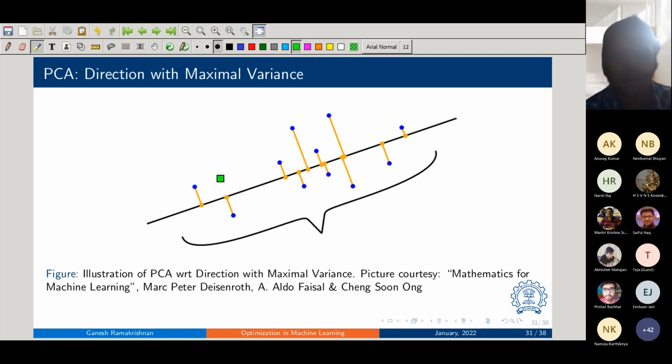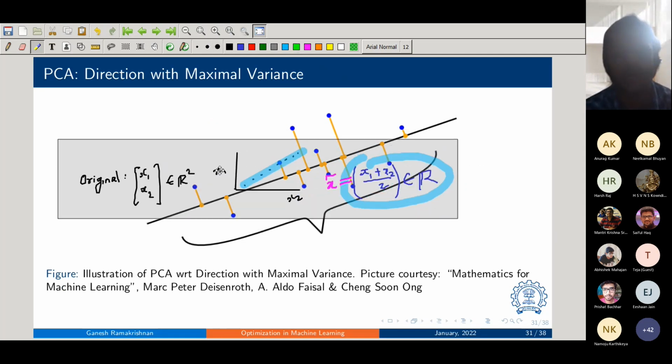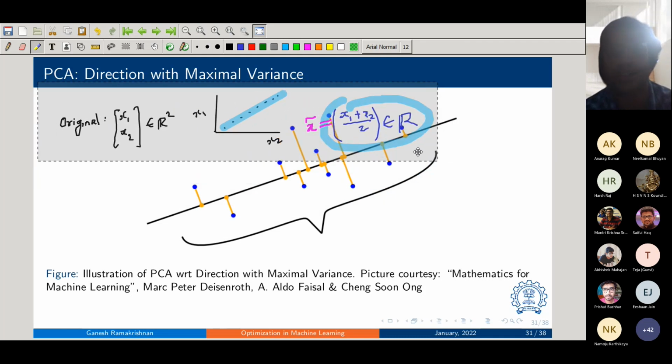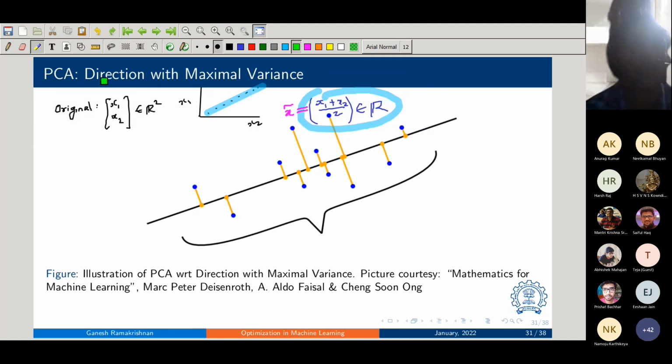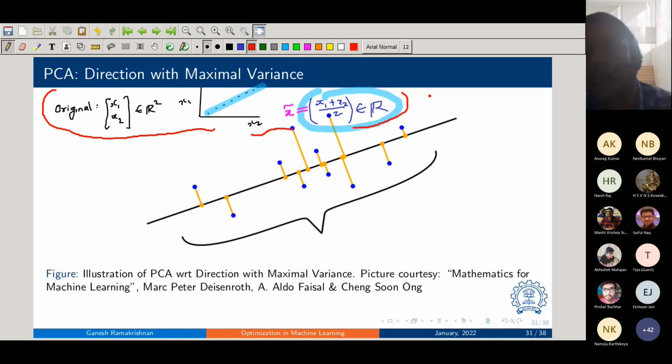So instead of what I was showing earlier, let's contrast this very simplistic example with what is being shown here. Here, the points are actually not lying on this x1 plus x2 by 2.